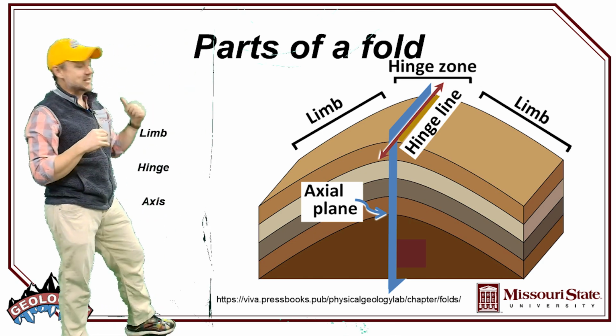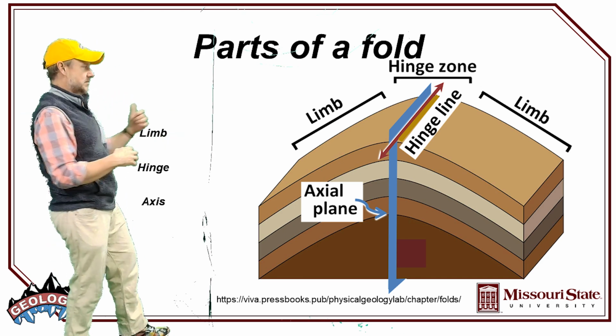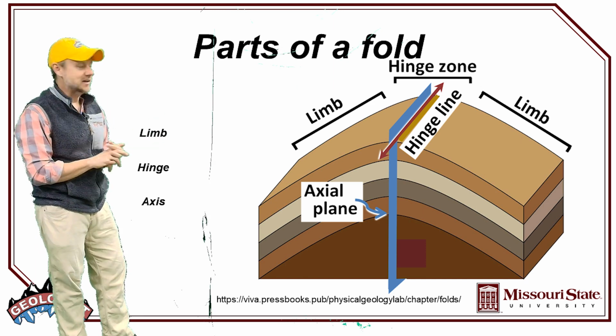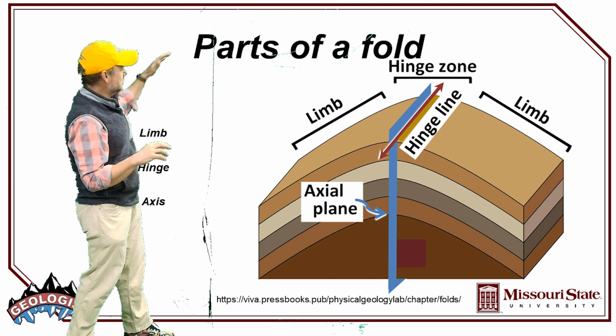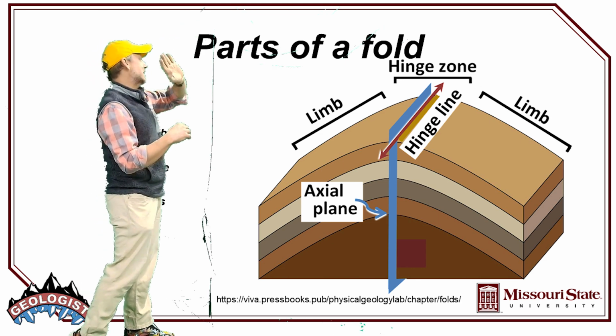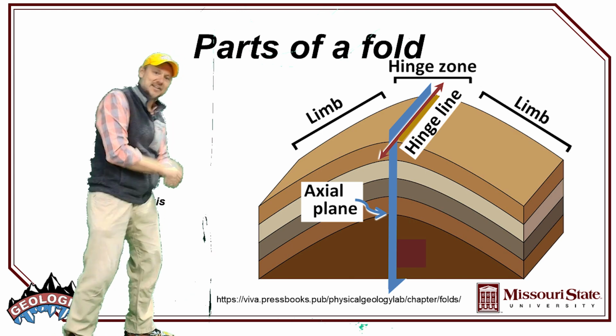On both sides, we have what are called the limbs of the fold. So in this, you have a left limb and right limb, or east and west, or whatever terminology we would use in the field. But the limb goes up to where you get this flat area. That would be your hinge zone. And then an axial plane cuts the hinge zone in half, separating the two limbs on each side.